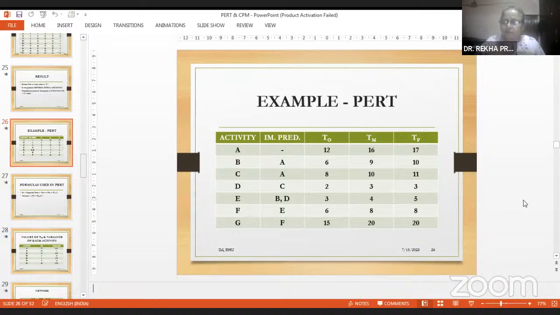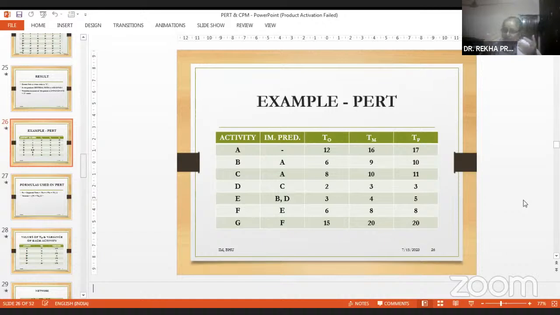Then there was a most probable time, which is denoted by TM, which says on average how much time you will require to finish that activity. And the third was TP, the pessimistic time, the longest duration which you will require to finish that activity, because it was developed for a research work. It was done for the first time.